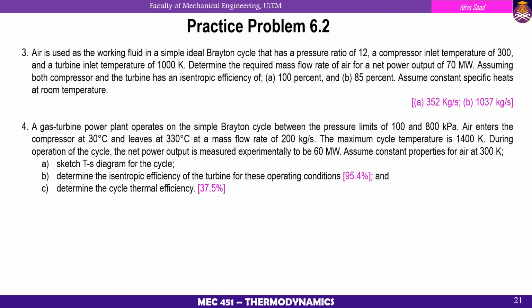Also, there are two questions here related to the Brayton cycle, the deviation of actual gas turbine cycle from the idealized one for the gas turbine engine. As usual, please complete this practice problem. And if you have any problem regarding this practice problem, you can ask in our WhatsApp group.